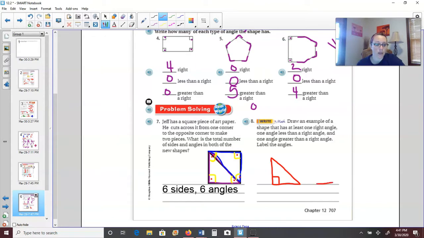So I'm going to make this shape, which is another triangle, but my angle right in here is acute. It's so teeny tiny. And then a shape that has an obtuse angle, which is greater than 90 degrees, opening up very wide. Connect it there. All right, so this angle right here at the bottom would be obtuse. So even though I drew 3 triangles, each of those triangles are different because they have some different angles.